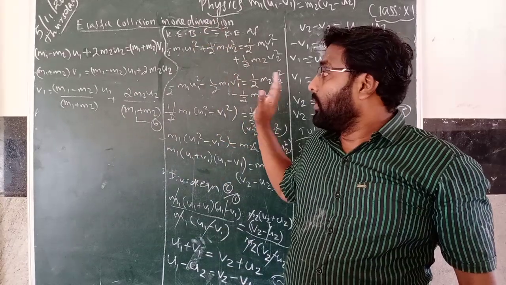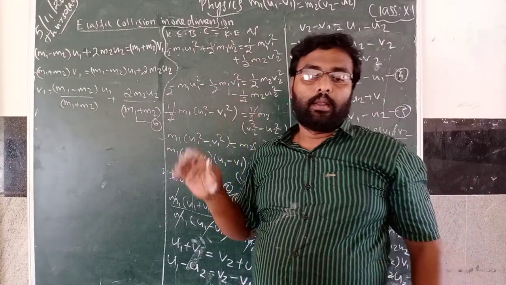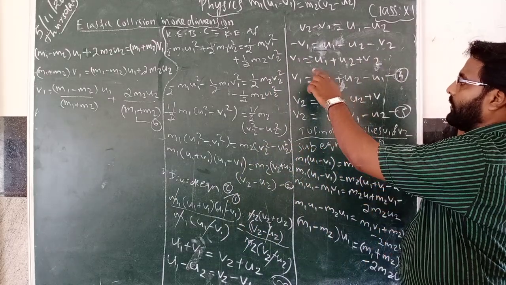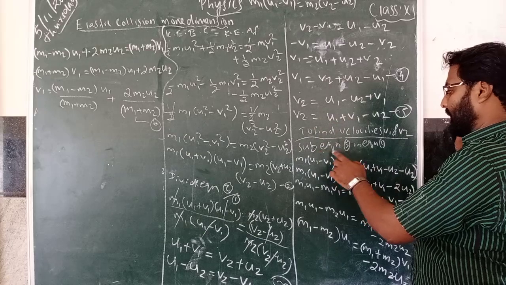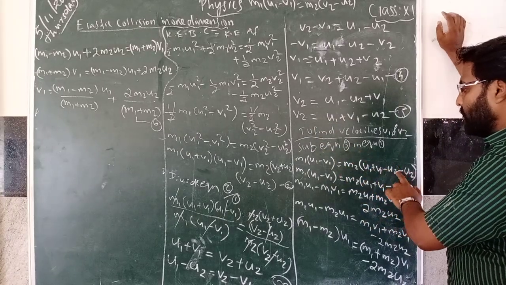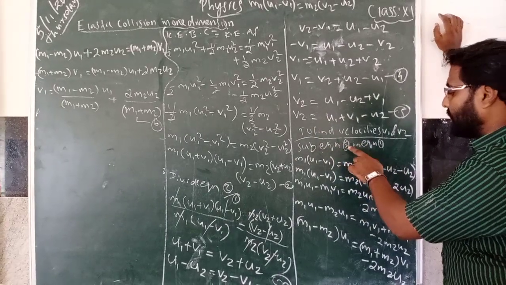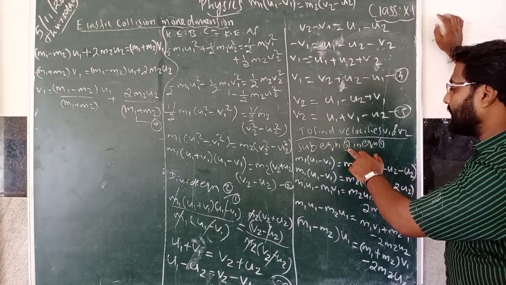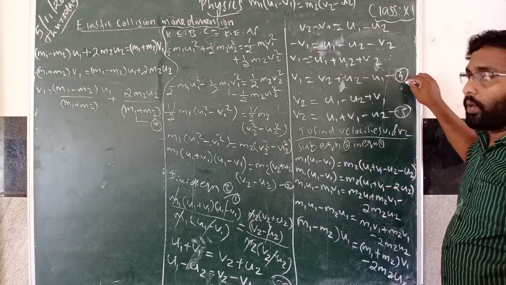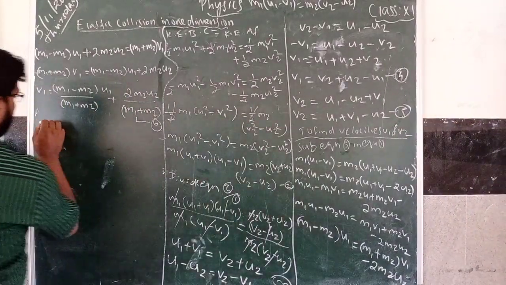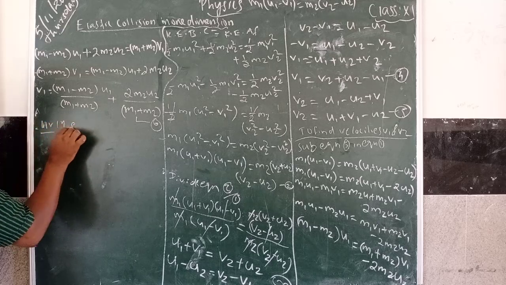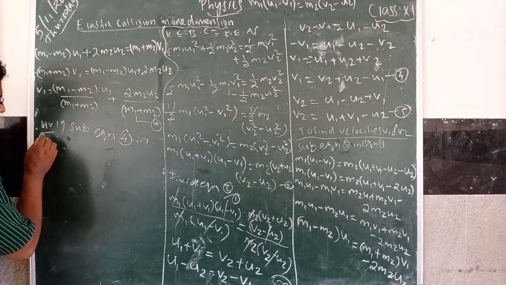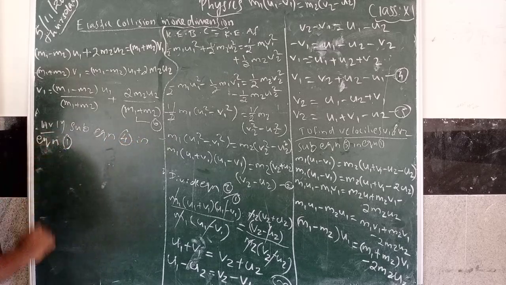In the same way, you have to substitute the v2 value. Substituting equation 5 in equation 1, the same you have to substitute equation 4. Next, similarly, substitute equation 4 in equation 1.